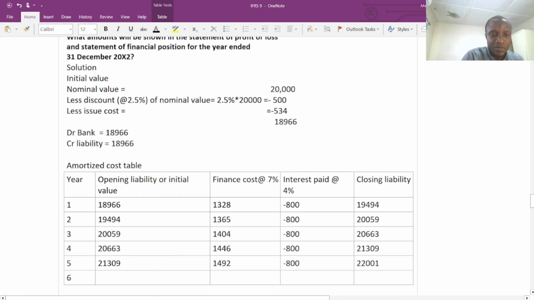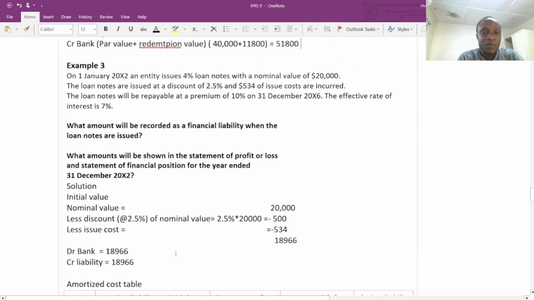Year 6, which is the final period. 22001 multiplied by 0.07, which is 1540, minus 800. Now, when we are going to minus the 800, we need to look at the question. If there is a premium, we need to account for it. Premium of 10%.